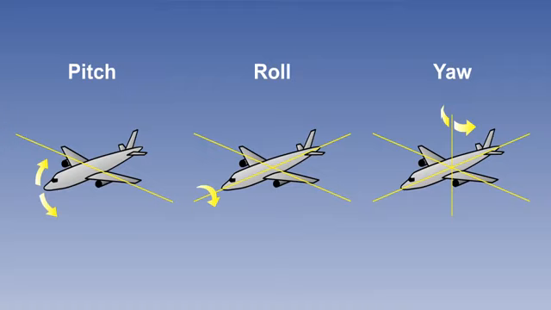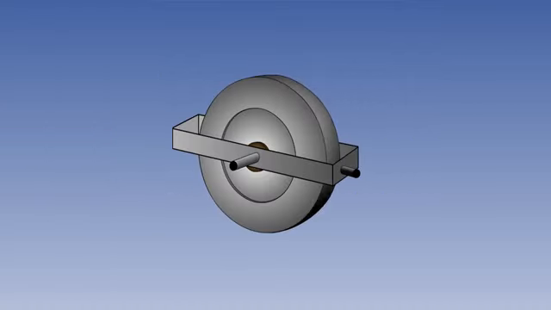Let's look at how this is achieved. The gyro is mounted on a frame, which we will call the inner gimbal. We can see that this will allow the gyro to rotate around its own spin axis. At each end of the inner gimbal there is a pivot point. We can see one here.